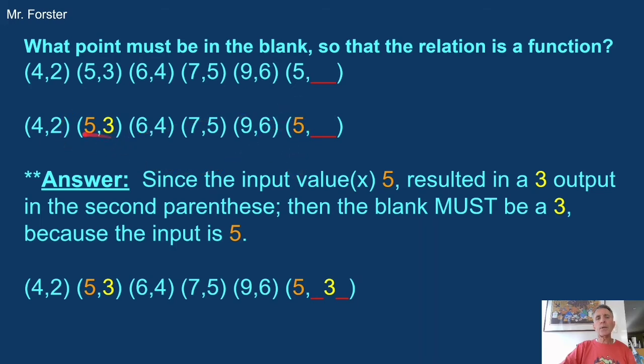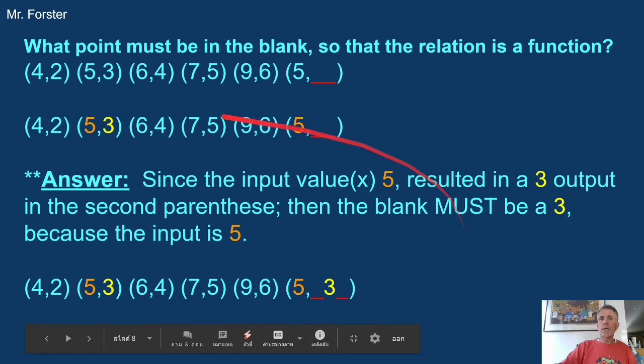And so we have to look at this 3. The input of 5 gave an output of 3. So since the input value resulted in a 3 in the second parentheses, then the blank must be a 3 because the input is a 5. So that's a 5, that has to be a 3. And so there's our 3. All right, so that's a tricky question.